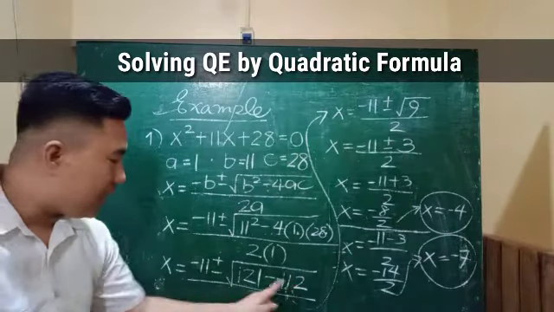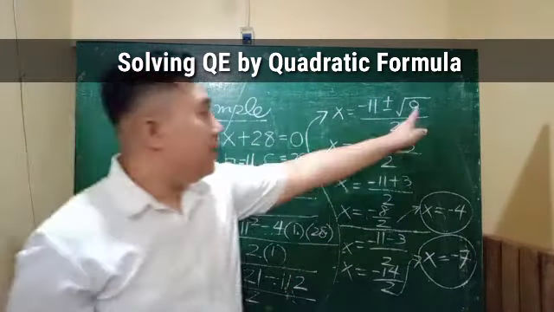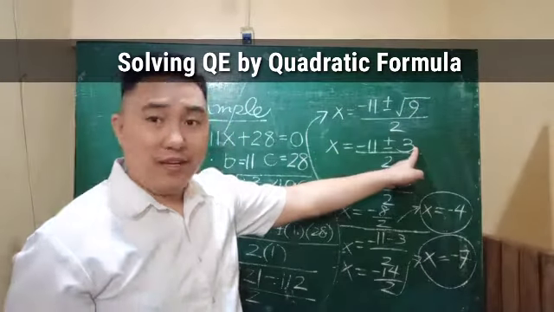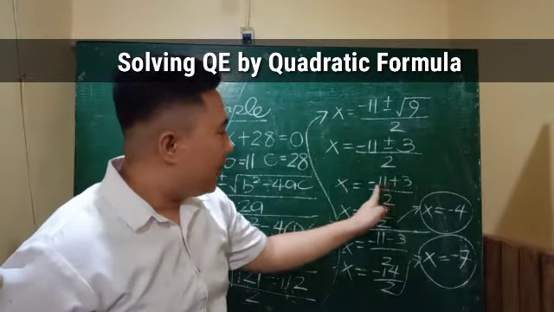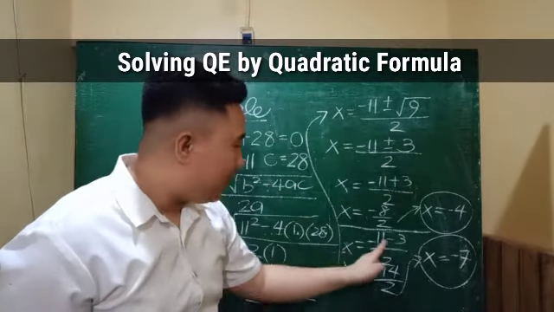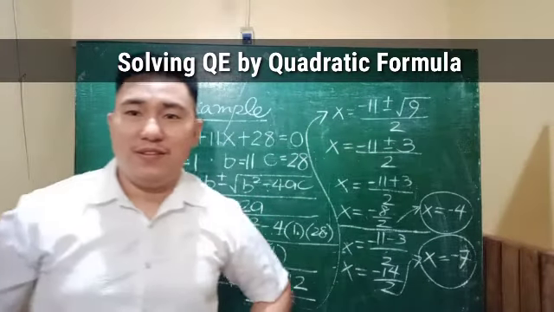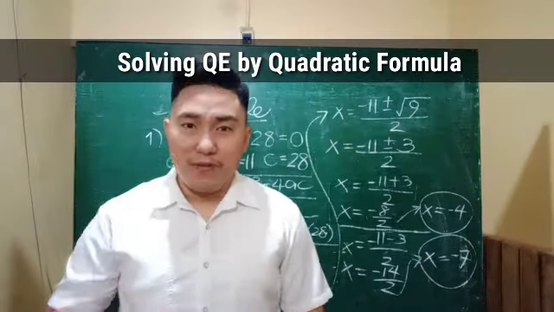Next, subtract, 121 minus 112 ay 9. Next, square root ng 9 ay 3. Next, i-split ang positive 3 at negative 3. So, negative 11 plus 3 over 2, negative 11 minus 3 over 2. Then, simplify to get the answer. Okay? So, para mas maintindihan pa, let's have another example.